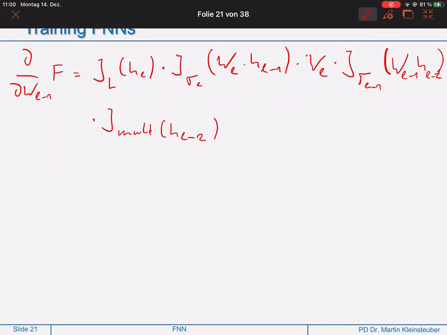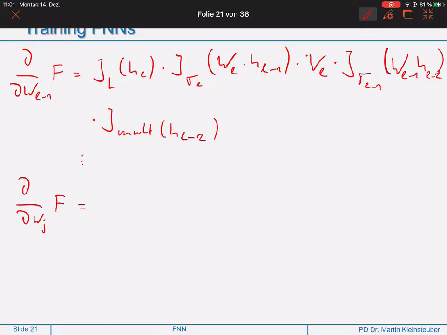Right, so in general, what we have is the derivative with respect to the jth weight matrix of F. We have to build the derivative from the outer function to the inner function as long as the argument still depends on the weight Wj.